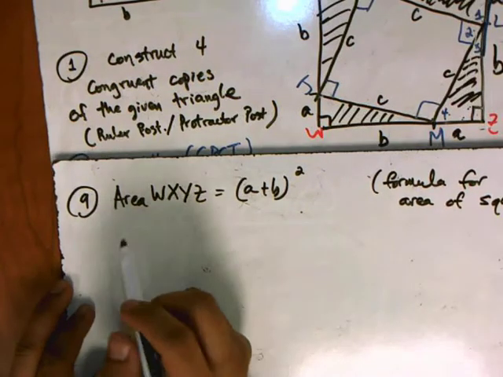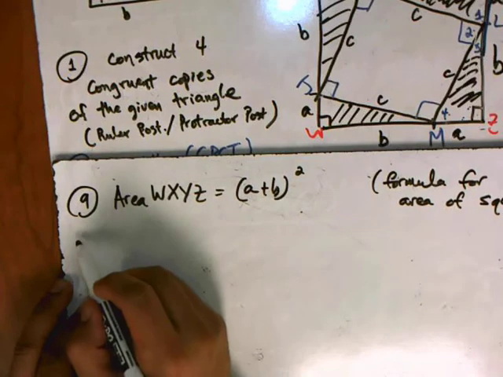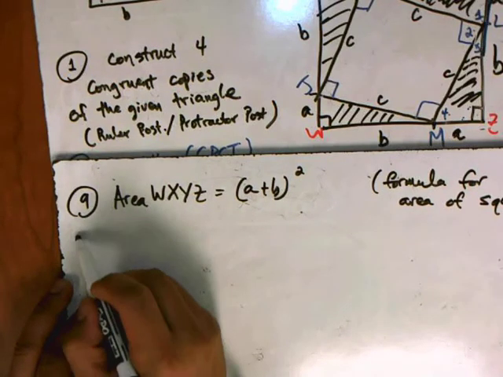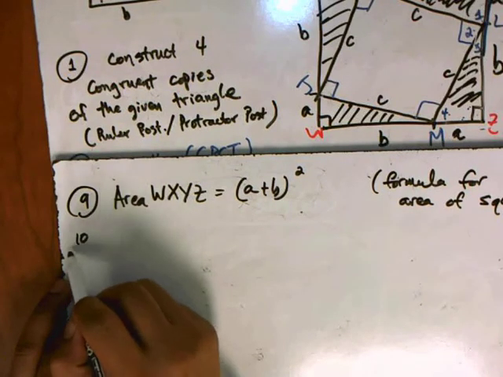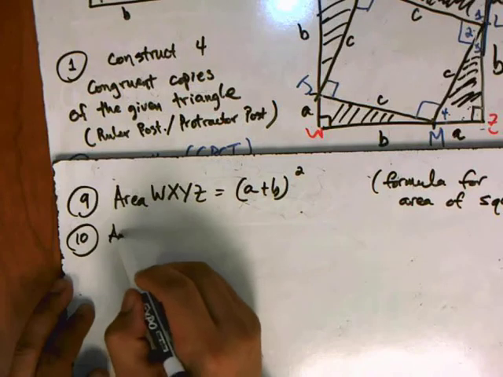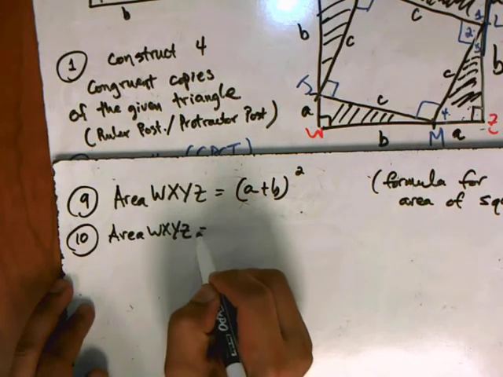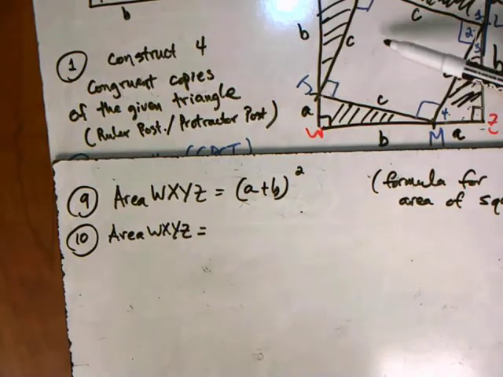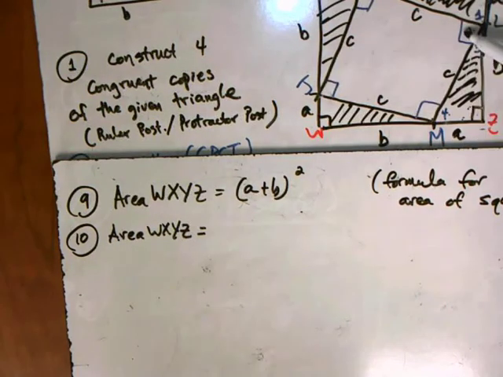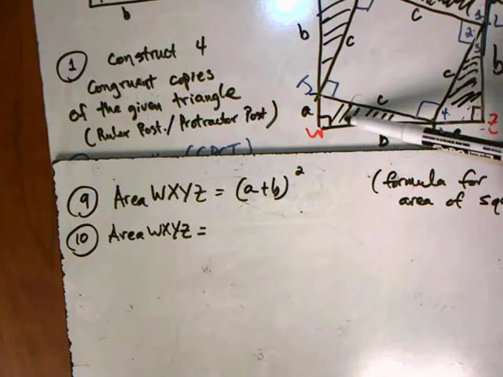And I can also say this in another way, that the area of WXYZ is equal to the area of JKLM plus 4 times these triangles right here.